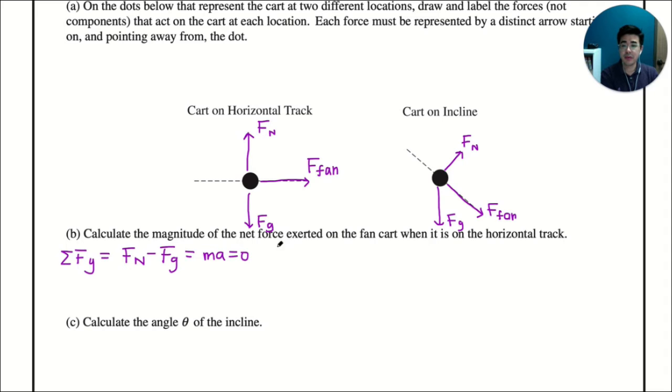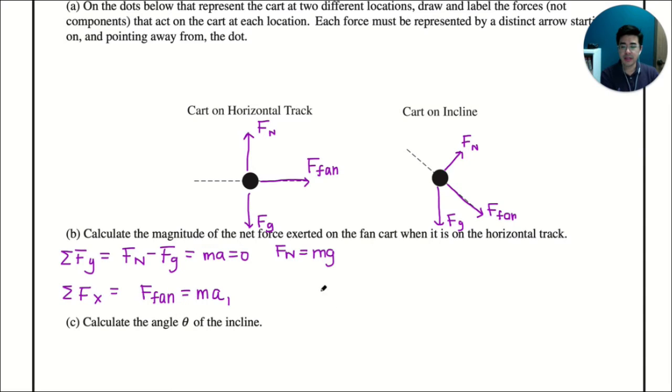So then we know that the normal force is just equal to mass times gravity. Okay, that's the FG over there. If we do the sum in the x direction, we only have the one force. The force of the fan is going to equal the mass of the cart times the acceleration, and this is going to be a1 because it's on the horizontal track.